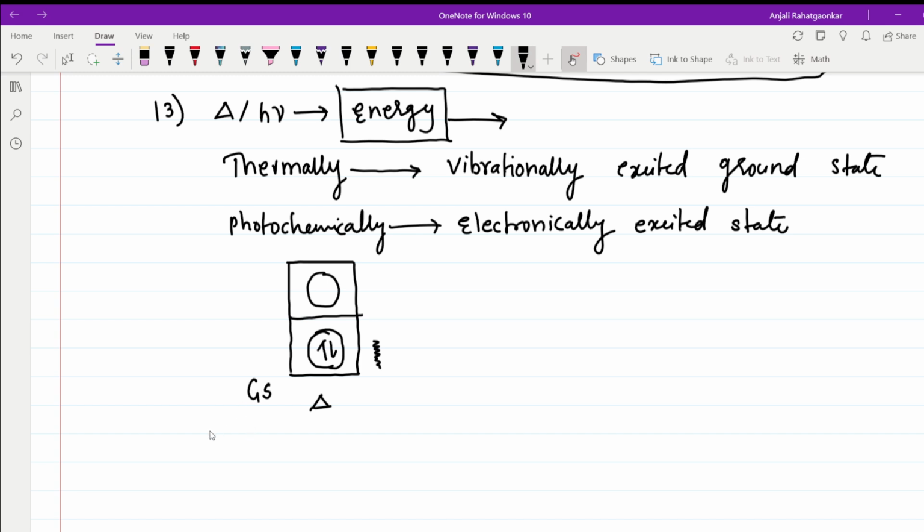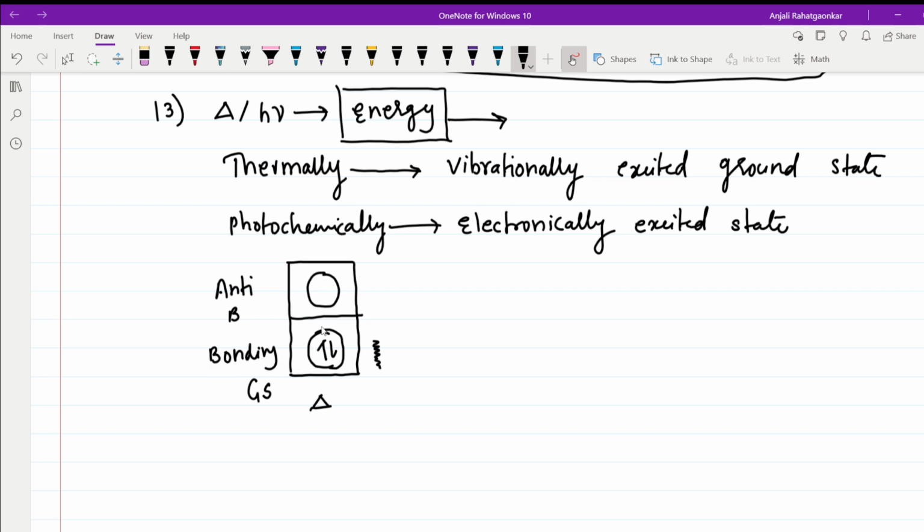So in the thermal reaction, the electrons do not move away. Here this is an anti-bonding orbital, and this is a bonding one. All right.